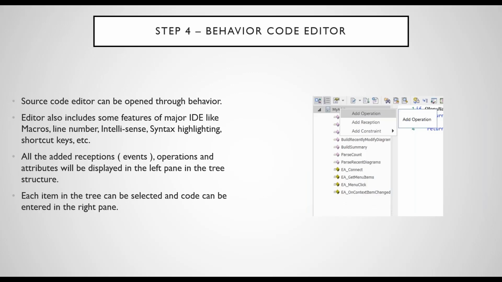Not only the code, but even the configurations like operations, receptions, or whatever add-in related functions, EA also provides the feasibility to add directly from inside the code editor. We will see a little demonstration of how this code editor and the add-in behave in the next couple of minutes.